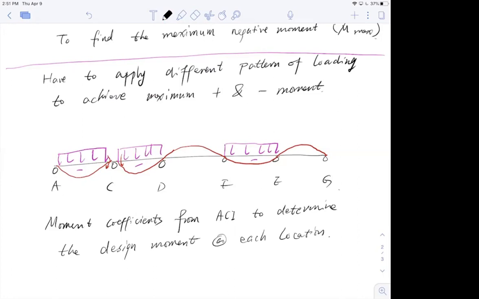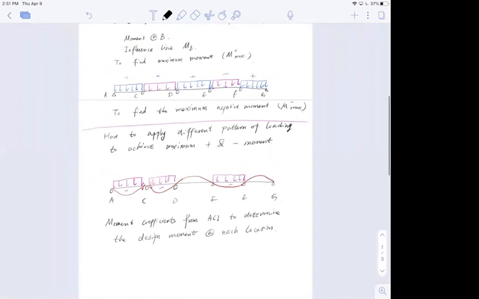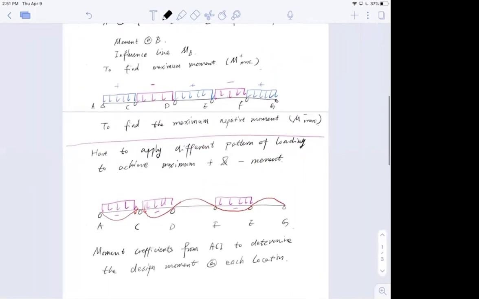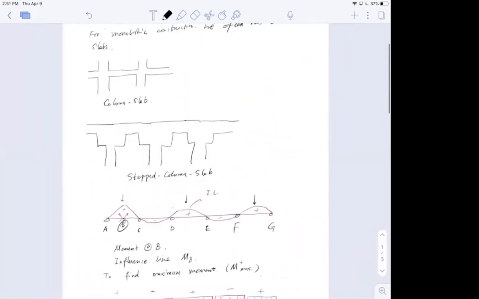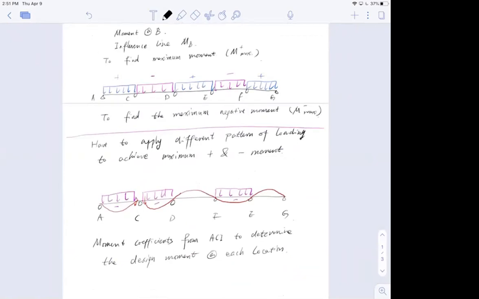Okay, all right. So I'm going to stop here. And next lecture, which is Monday, we'll talk about how we're going to find this moment coefficient for continuous slab or beams.